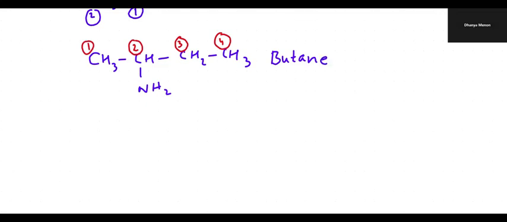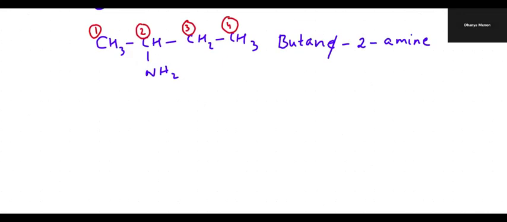There is no double or triple bond, so butane. At the second position, I have amine. So butane-2-amine. Here also I'm removing this E because E and A cannot come near each other. So butane-2-amine. Okay.